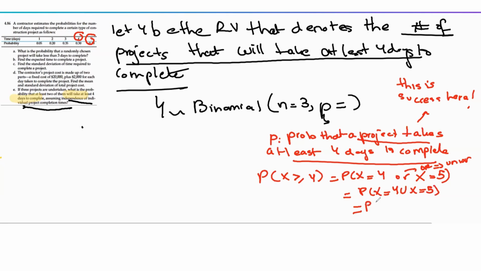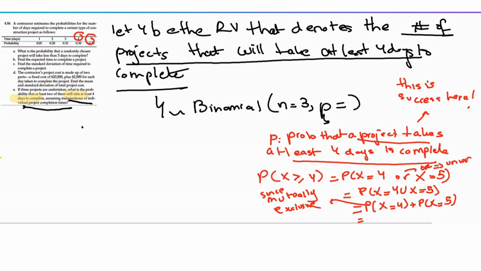Because the random variable taking different values gives mutually exclusive events, the probability of the union is the sum of their probabilities. Otherwise, the probability of A union B is the probability of A plus the probability of B minus the probability of the intersection. Here we don't have to worry about that because they're mutually exclusive.